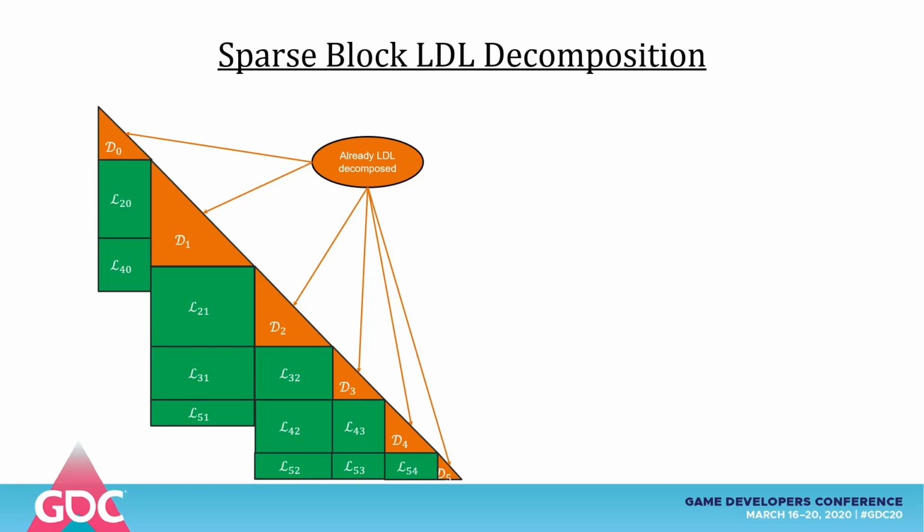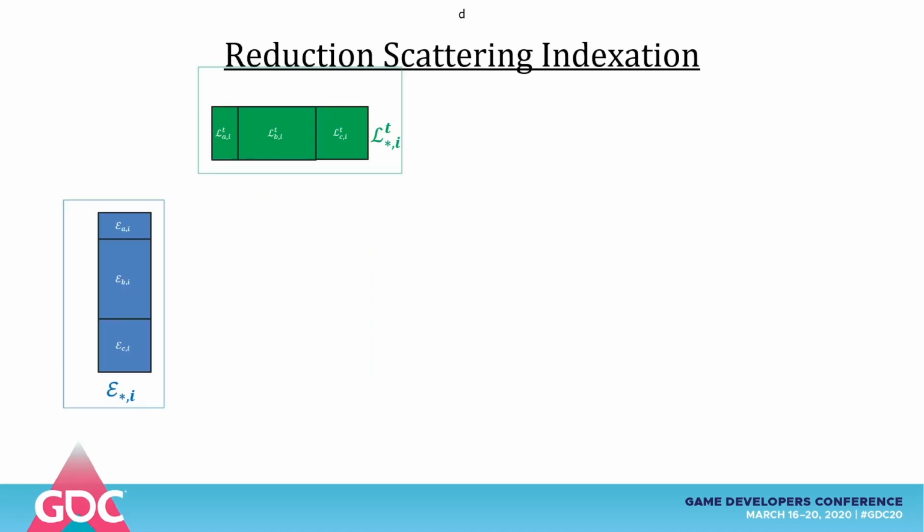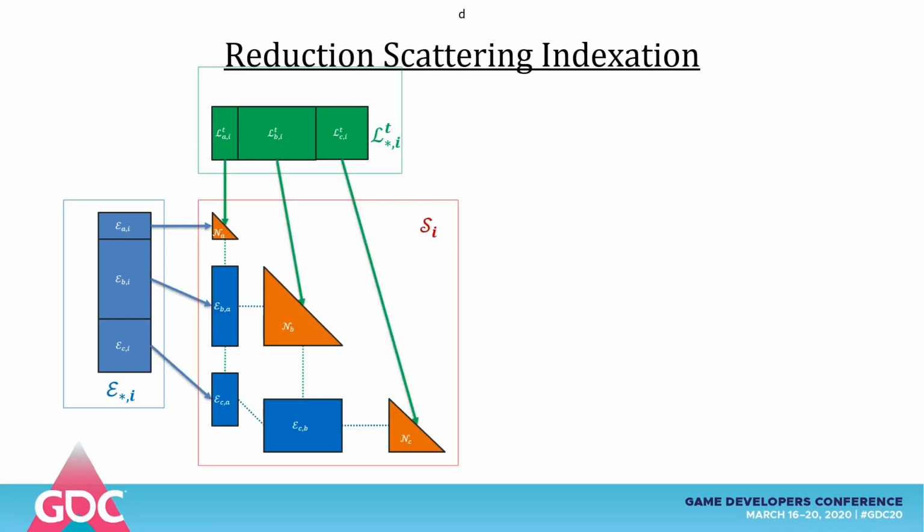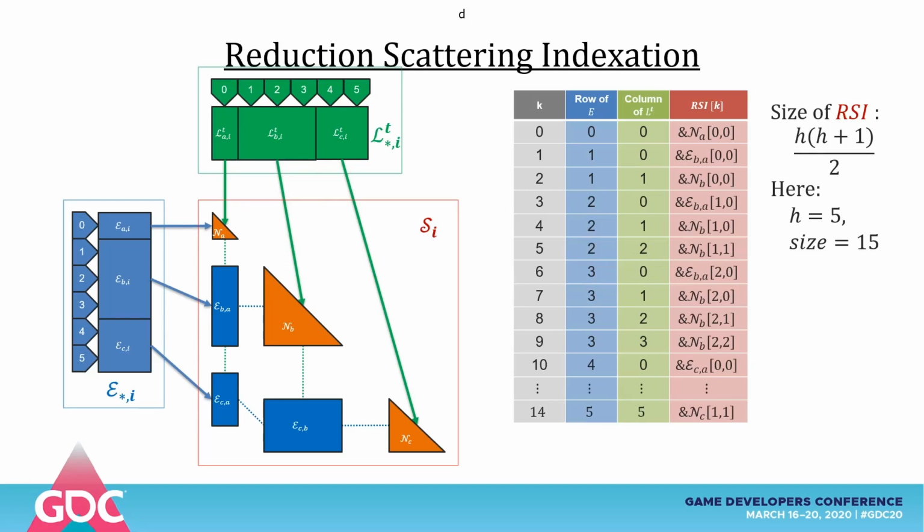We have one key ingredient still missing, the indexation of the reduction step. The results of the reduction step, which consist of multiplying the edge matrices with the L matrices, are being scattered over the rest of the sparse matrix. The scattering needs to be indexed. This indexation is pre-computed for pairs of indices into rows of E and L, and it is called the reduction scattering indexation, RSI.